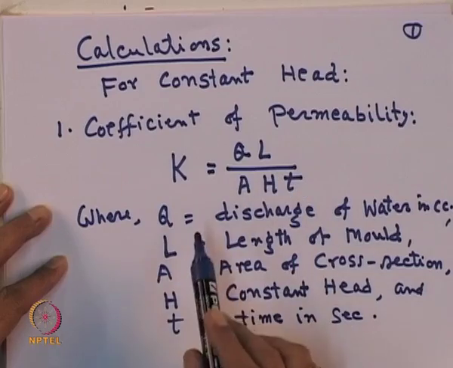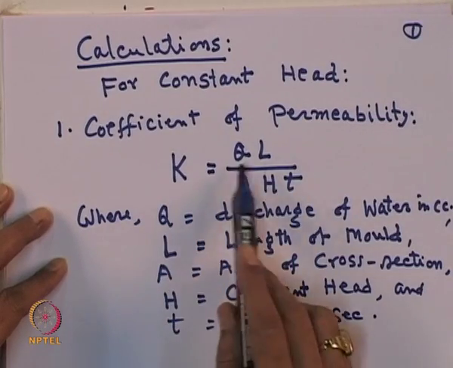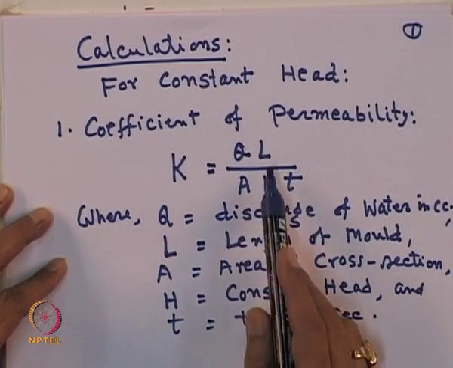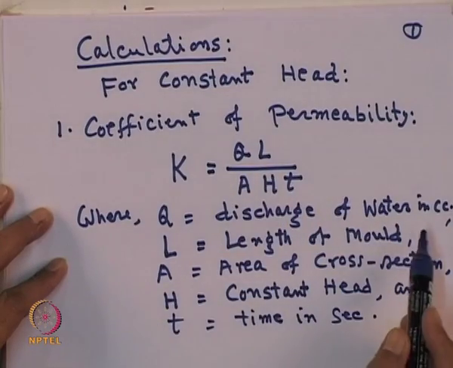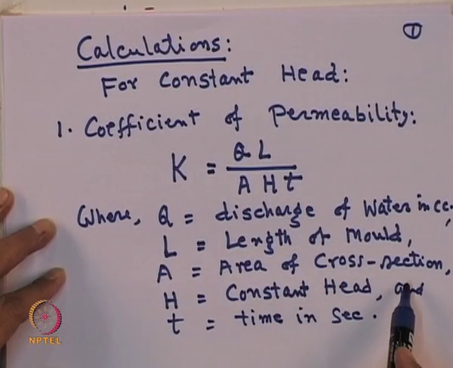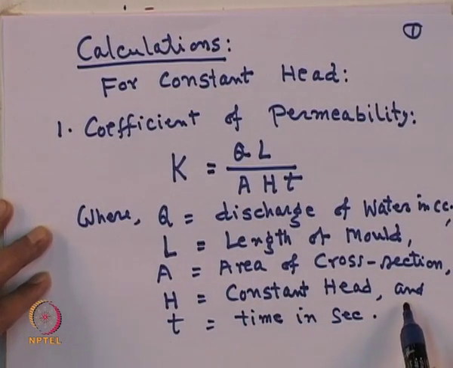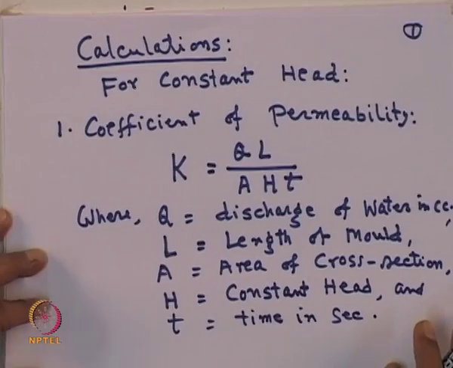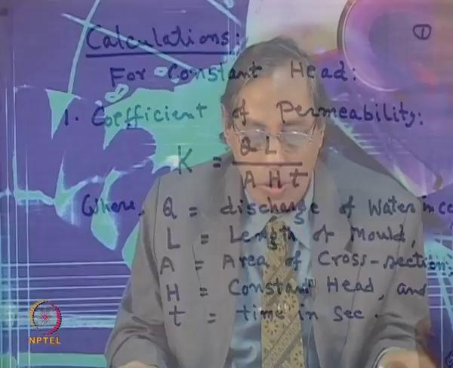This is the equation for coefficient of permeability, that is K is equal to QL/AHT. Q is discharge of water in cc, L length of the mold, A area of cross section, H is constant head, and T is time in seconds. So from this equation you can calculate the coefficient of permeability.